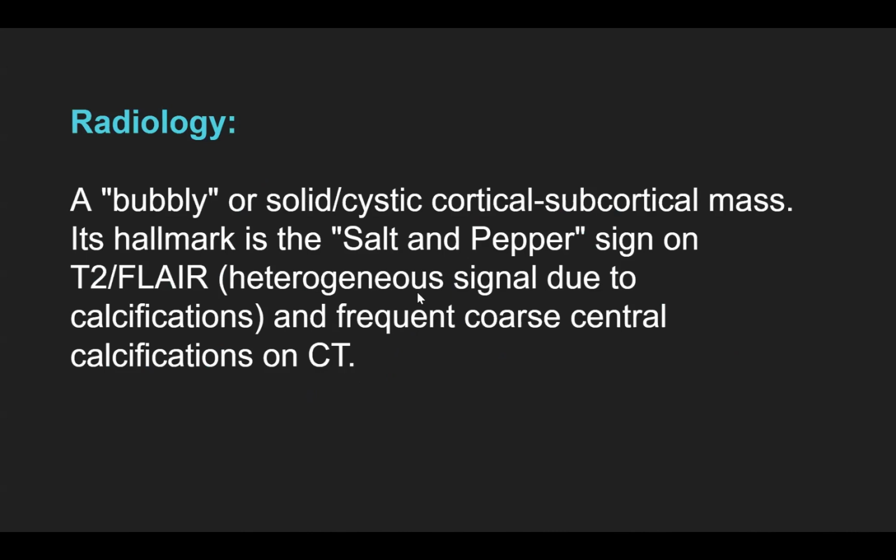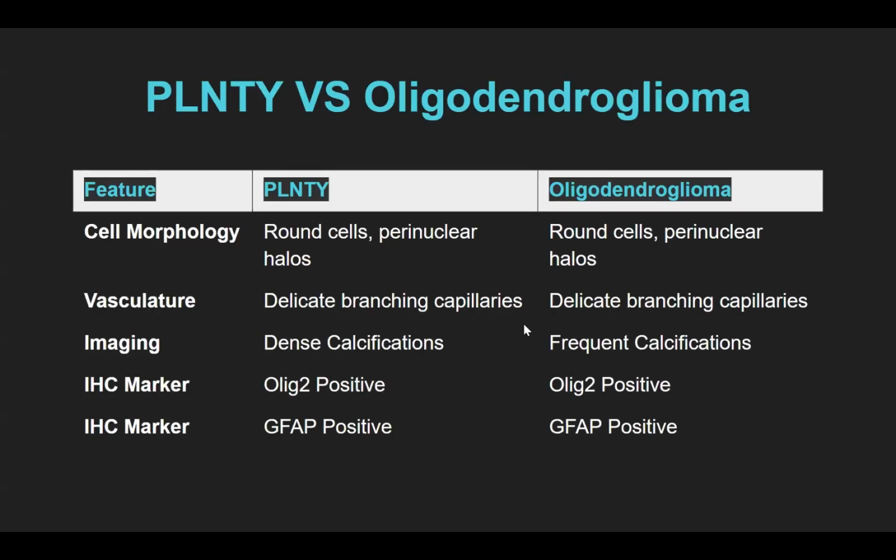So the radiology we have already seen, usually bubbly, sometimes solid cystic, cortical or subcortical masses, salt and pepper sign that we saw on T2 and FLAIR, and that is heterogeneous signal due to calcifications. Frequent coarse central calcification on CT can also be seen.